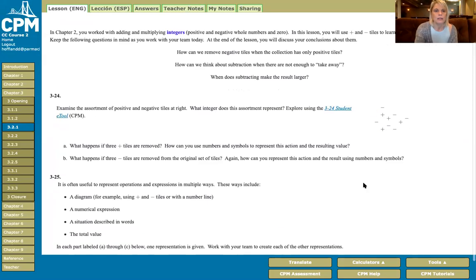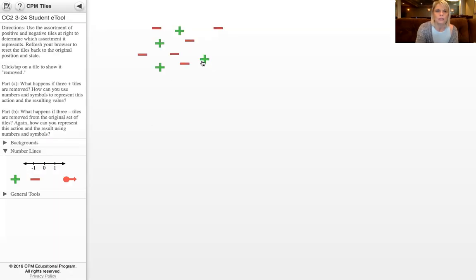Now, for the lesson, if I go back to the lesson, that's basically what it's saying. What happens if 3 positive tiles would be removed? If they removed 3 positive tiles, they were asking what would happen to the answer. So if in this problem I just removed 3 positive tiles and just got rid of them from the picture, they're asking what the answer would be. Somebody raise your hand or chat and tell me what the answer would be for that.